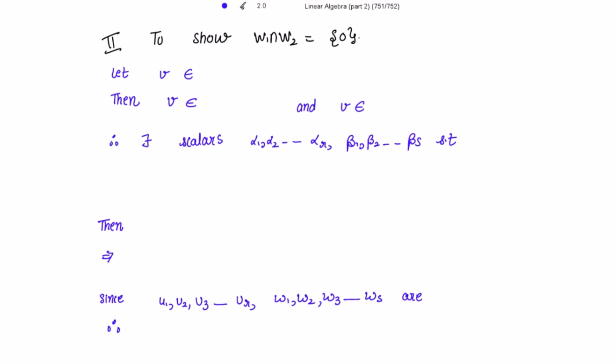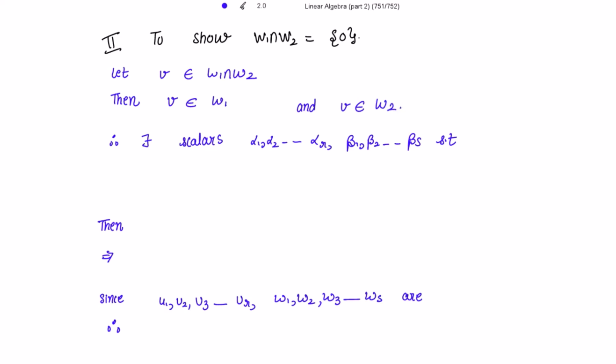So let's take one element from their intersection. We have to show that this is equal to 0. Because this is an intersection, V belongs to W1 and V also belongs to W2.